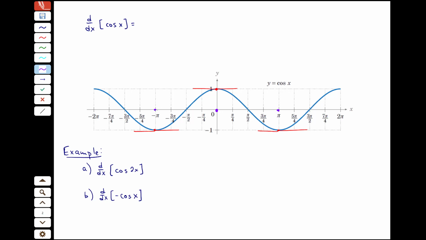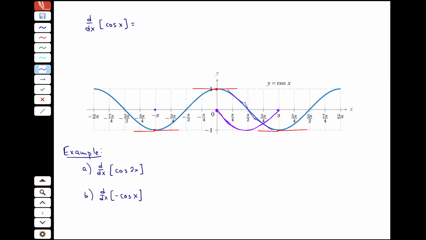Now, between 0 and pi, all of my tangent lines have a negative slope, and it looks like they get to their most negative around pi over 2. And so if we graph the derivative between 0 and pi, it might look something like this.